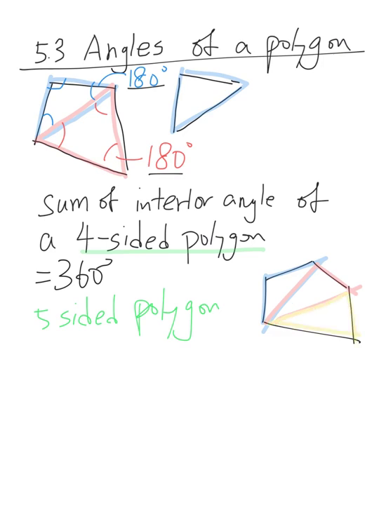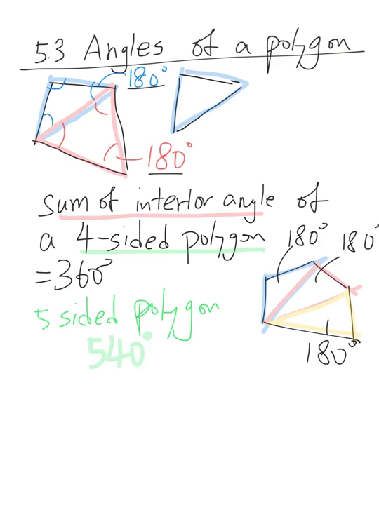So that means there are three triangles. So that means there are three 180 degree sums of interior angles right there. So that's why for a five-side polygon, the sum of the interior angles will become 540 degrees. Okay.